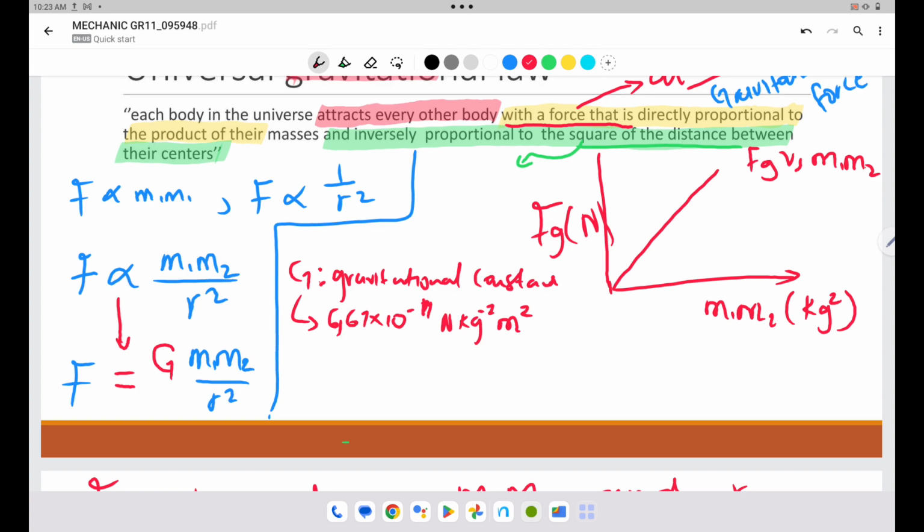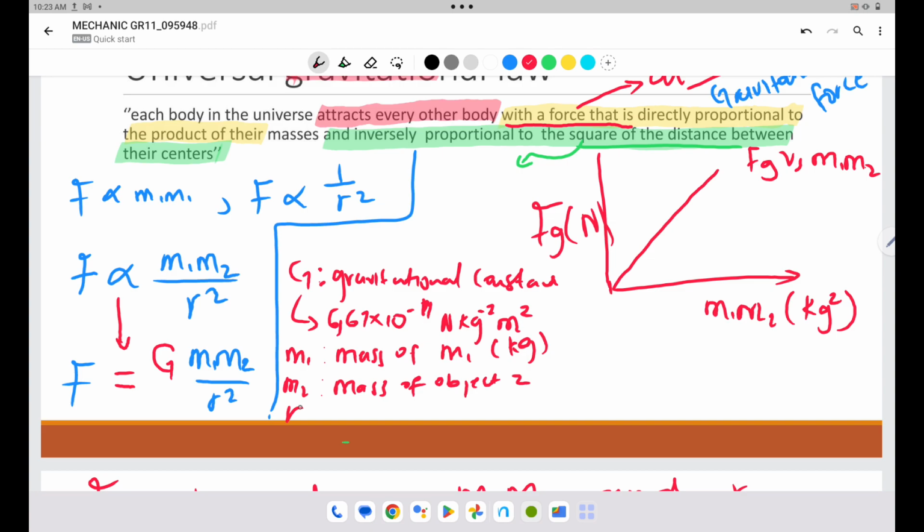And we have said M1 is the mass of object number 1 in units of kilograms. And when we talk about M2, this is the mass of object number 2. That's what I meant to say up there.